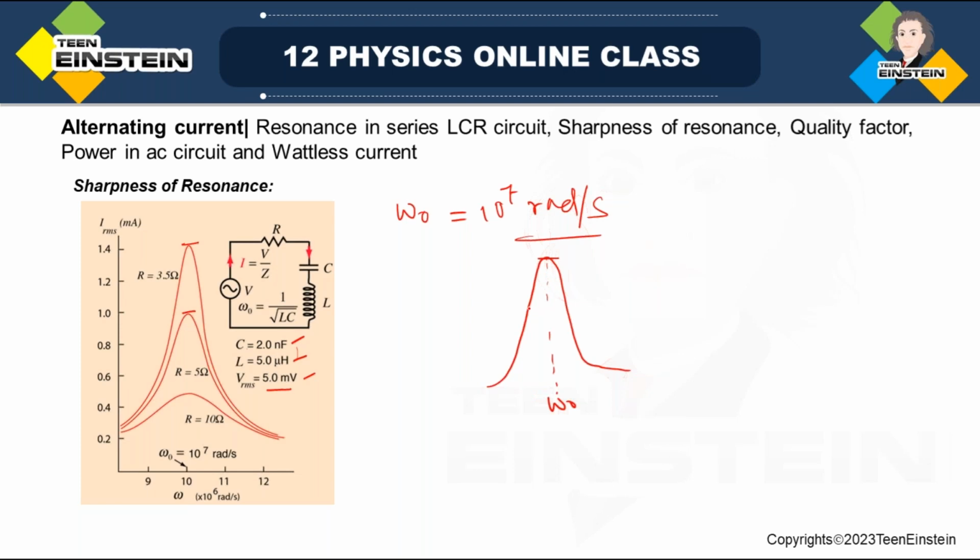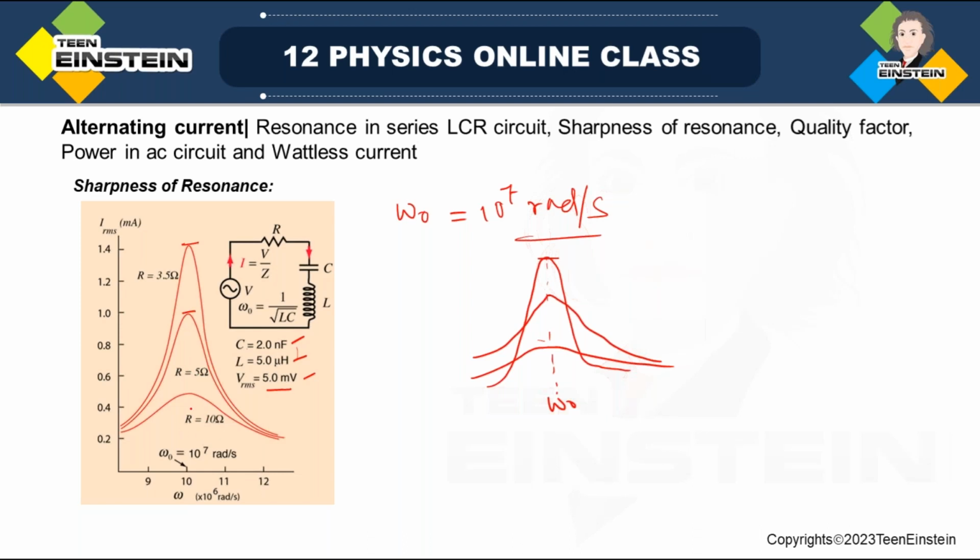So the resonant curve will have this kind of characteristics, but it can be narrower, or maybe wider. That just depends on the resistance value. So you can see that as the resistance is increased, the maximum value of the current decreases, and the curve becomes wider and wider.